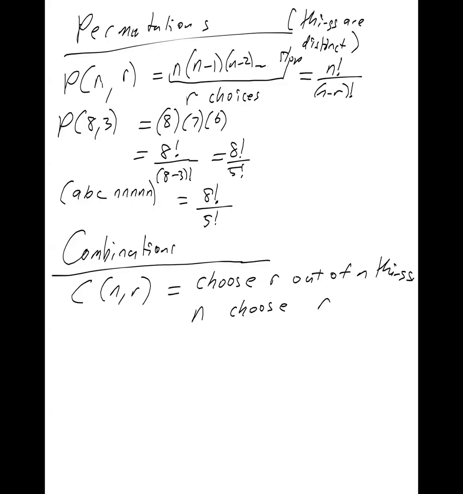So if you have combinations, let's say that you had 17 discrete math students, for example, and I wanted to choose 3 of them to go to a special conference.